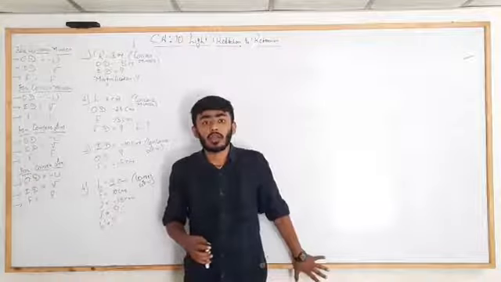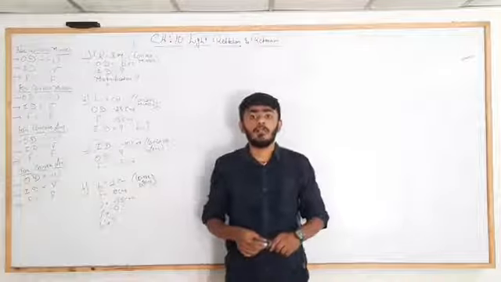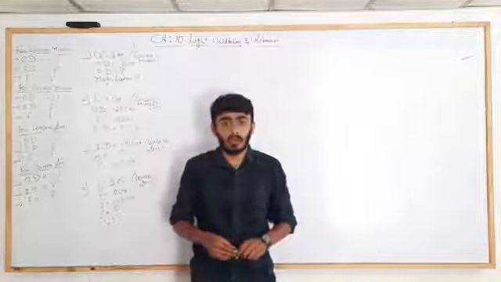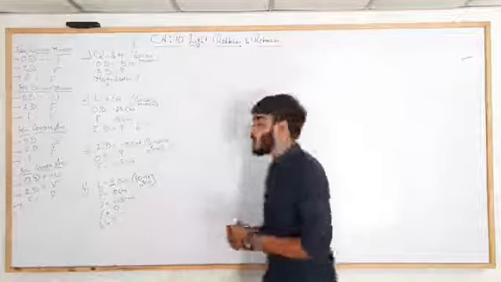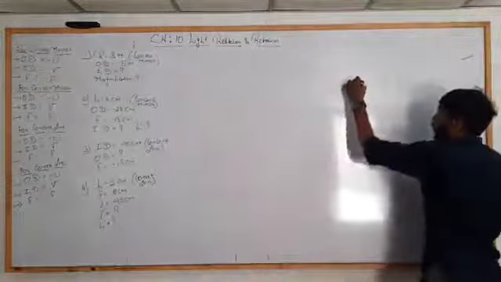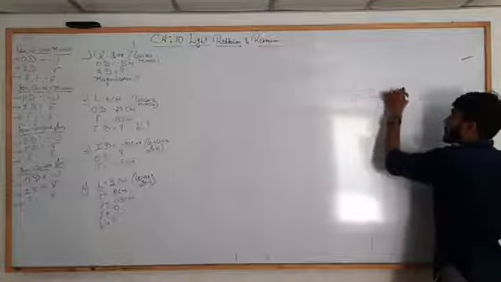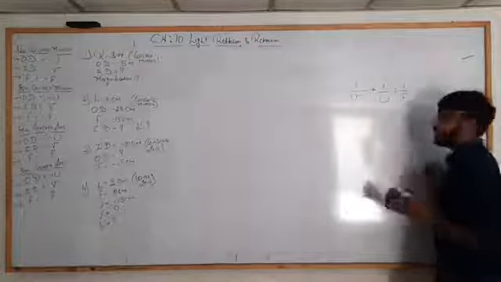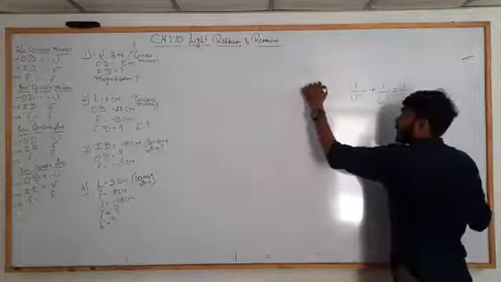Okay. So today what we are going to do is some numericals based on the mirror as well as the lens formula. As I told you earlier, the general formula for mirror is 1 upon V plus 1 upon U is equal to 1 upon F. Fine. If we are having a positive sign in between, then that will be the mirror formula.